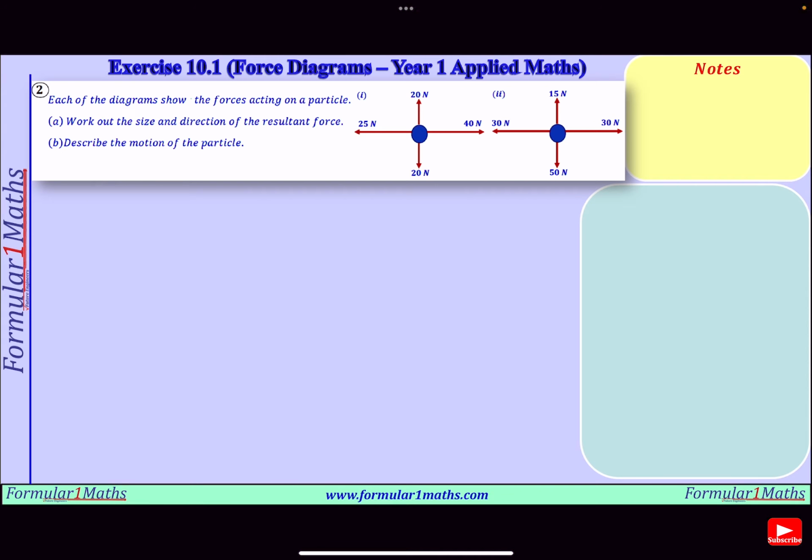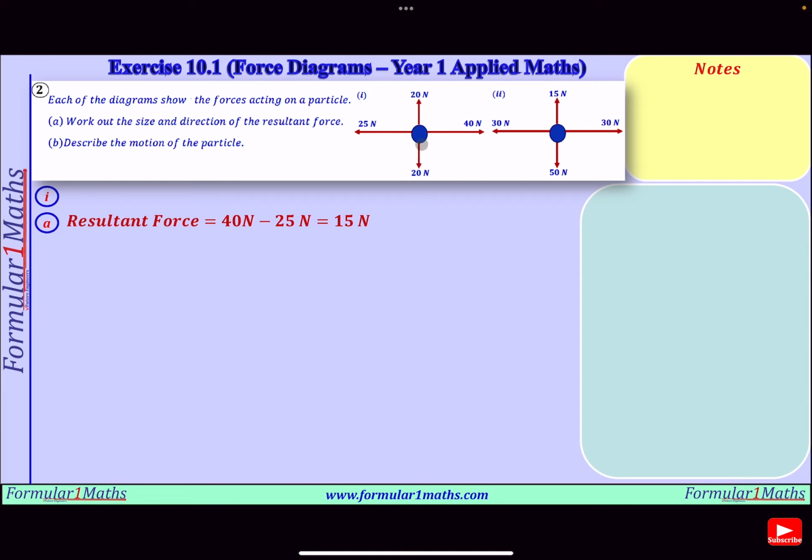Question 2. Each of the diagrams shows the forces acting on a particle. A. Work out the size and direction of the resultant force. B. Describe the motion of the particle. So if you look at the first one, we can see that this particle is neither moving up nor down because the forces acting up are equal to the forces acting down.